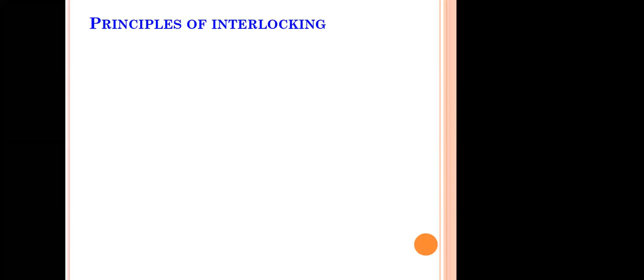Interlocking: a very, very simple word. We do use interlocking in our day-to-day activities, day in and day out. Where do we use it? When your children are maybe about 10 or 12 years old, your parents will decide to take you for an outing, maybe a week or so.